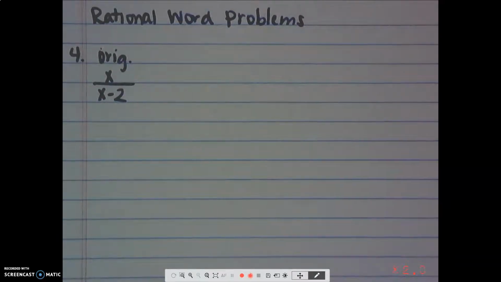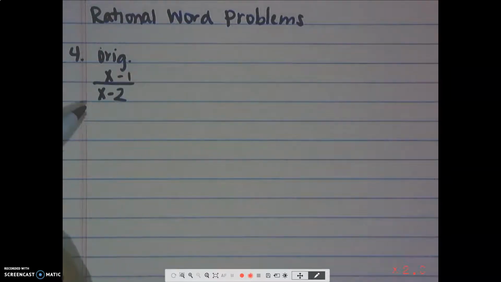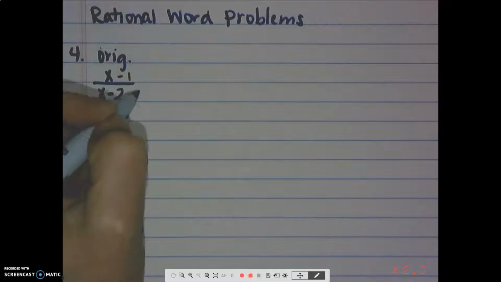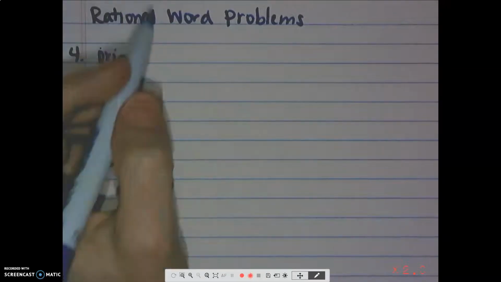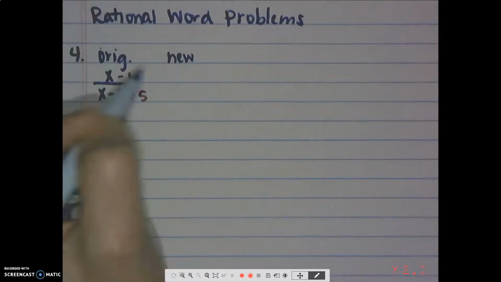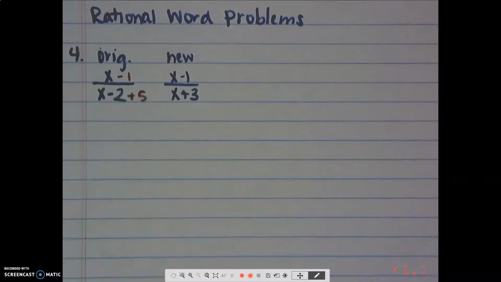For our new fraction, the numerator is decreased by 1 and the denominator is increased by 5. So that means that our new fraction, or the resulting fraction, would be x minus 1 over x plus 3.